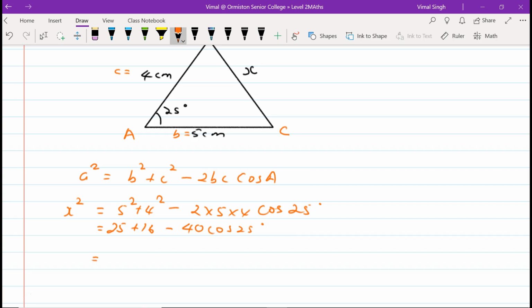Now if we do this on a calculator, 25 plus 16 is 41 minus 40 times cos of 25 gives me 4.747, that is x squared.